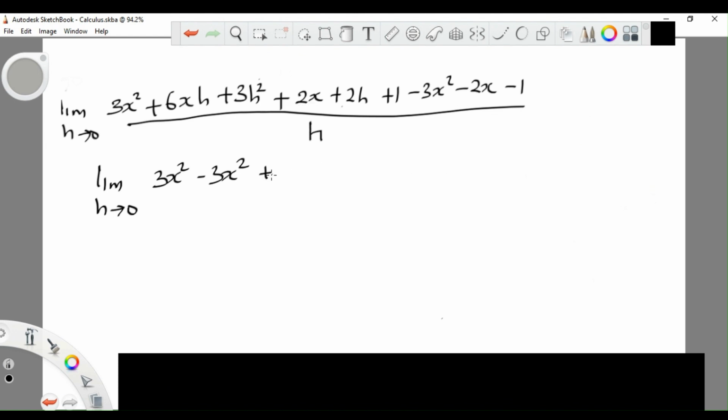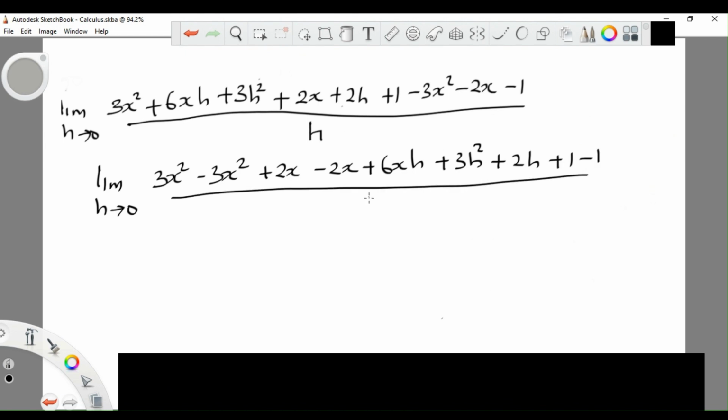Again, we have plus 6xh, plus 3h squared, plus 2h, plus 1, minus 1, over h.